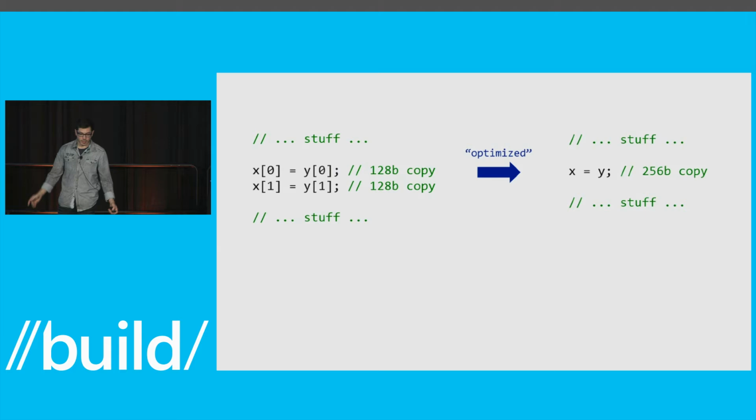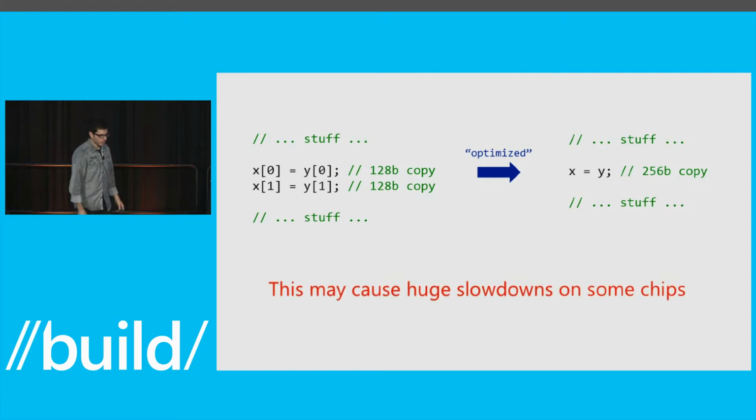We are going to optimize this to just do a single 256-bit copy. This seems like something that would be awesome, right? There's these 256-bit instructions, let's take advantage of them. Well, what if I told you that this particular optimization can cause huge performance problems on some chips, but not on others? Things get weird.